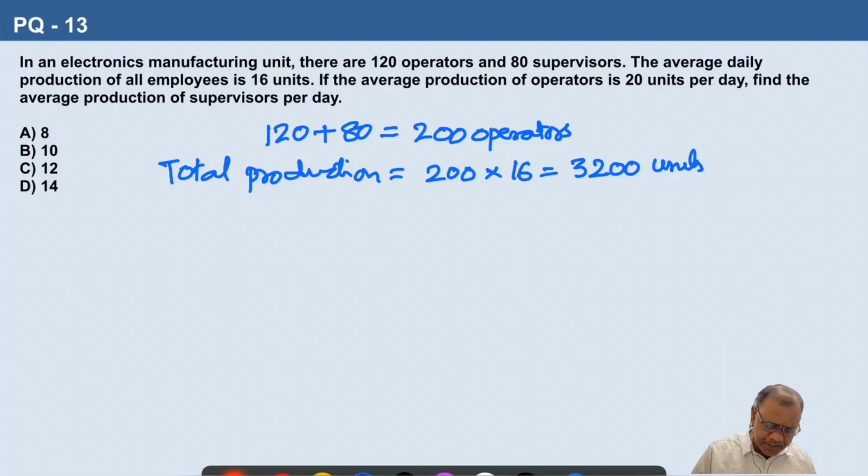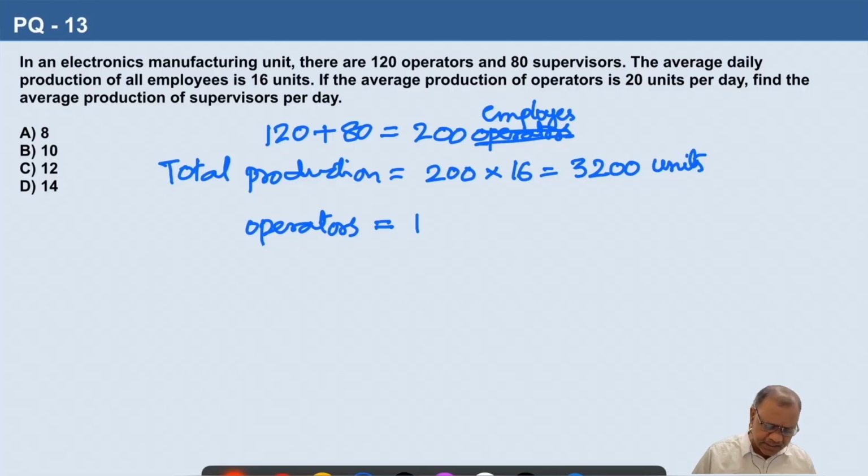3200 units per day is the total production. The average production of operators, who are the employees, is 20 units per day.